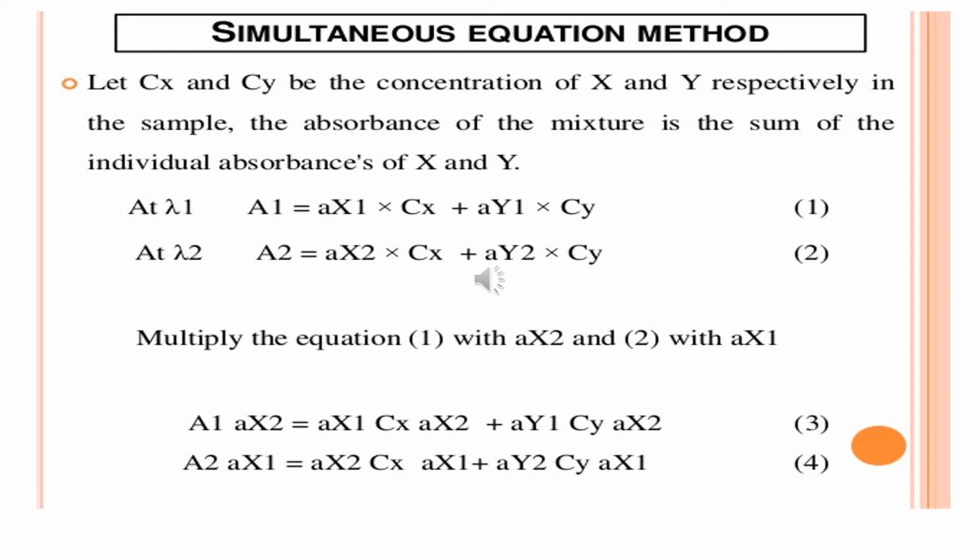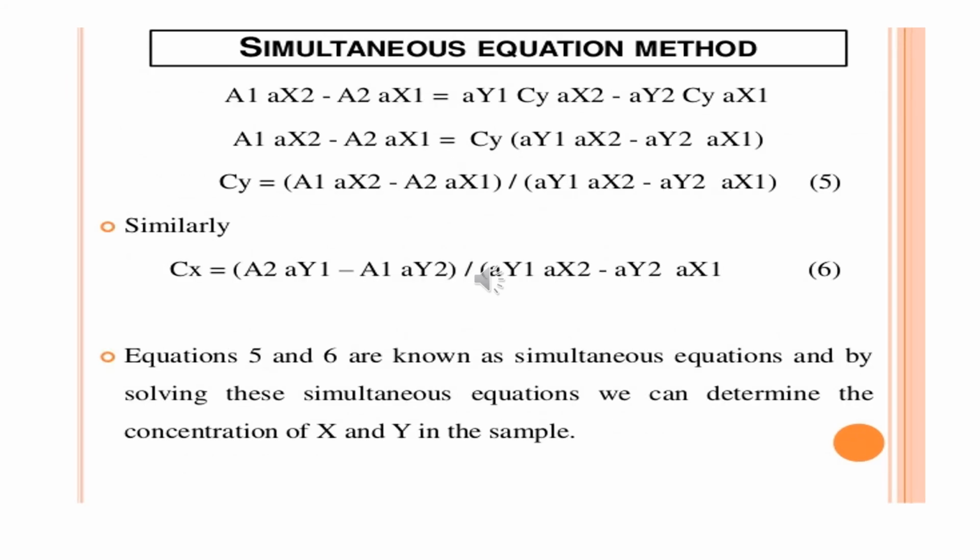A2 into Ax1 is equal to Ax2 Cx Ax1 plus Ay2 Cy Ax1, equation number 4. Subtracting, A1 Ax2 minus A2 Ax1 is equal to Ay1 Cy Ax2 minus Ay2 Cy Ax1.